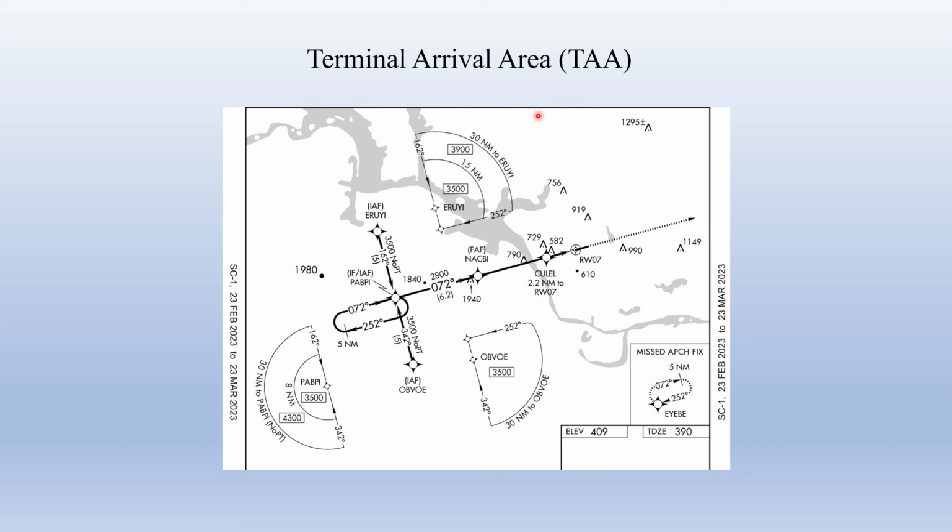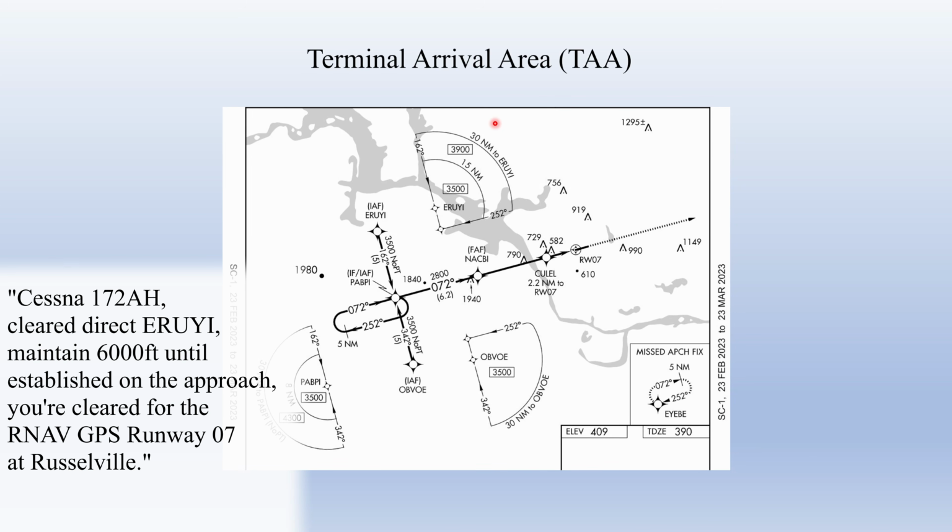So let's look at an example of how you would use a TAA. Let's assume that we're coming from this direction and we're navigating direct to Irui. Let's say that we're 20 nautical miles away from Irui, cruising at, we'll say, 6,000 since we're heading southwest bound. ATC calls us up and says proceed direct to Irui, maintain 6,000 until established on the approach.